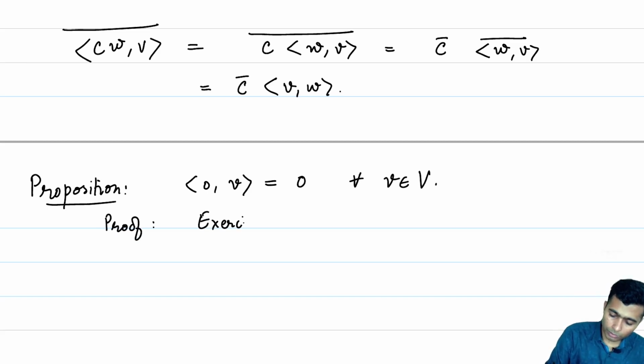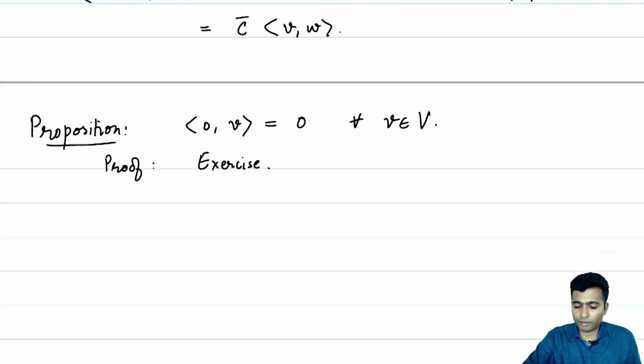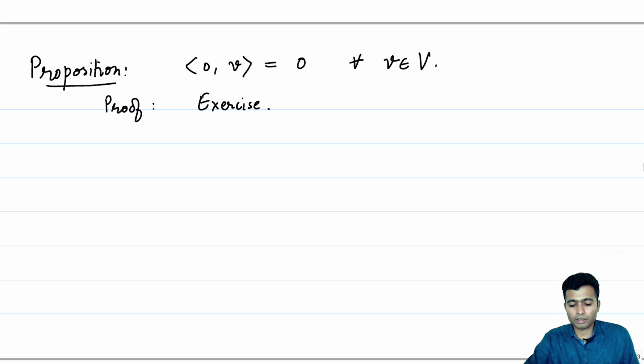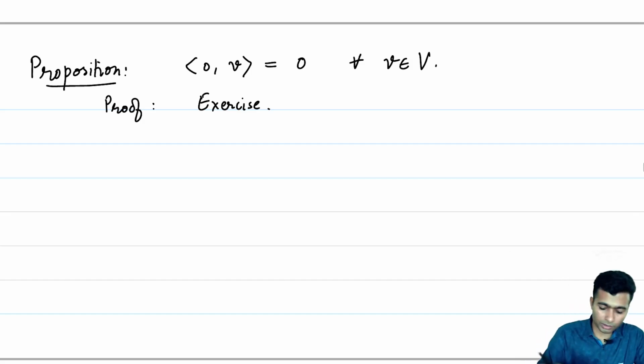One thing to note is that if v is a non-zero vector, ⟨v, v⟩ is a positive real number, and therefore ⟨v, v⟩ is always going to be a non-negative real number, and it will be 0 if and only if v equals 0. So let me just note it down.